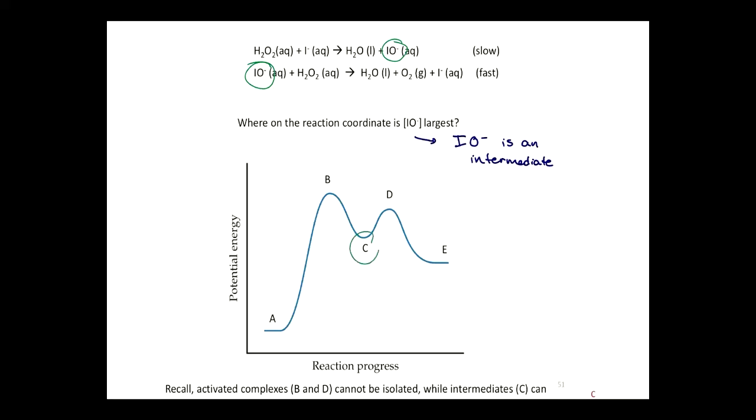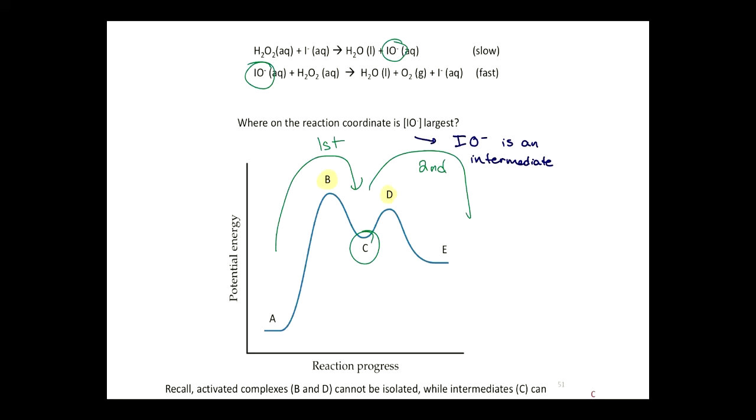C, yes, right here. So you can think, all right, this is your first step. There is your second step, all right? So IO minus concentration, the intermediate, is going to be highest in concentration between those two steps. So let me ask you this. Remember we talked about activated complexes? That's like spots B and D. Can you isolate things in spots B and D?